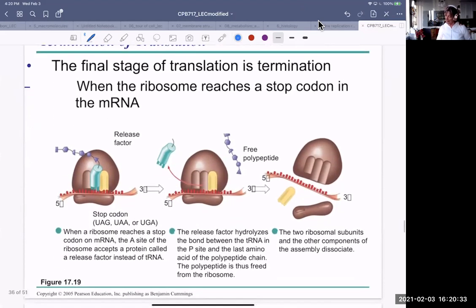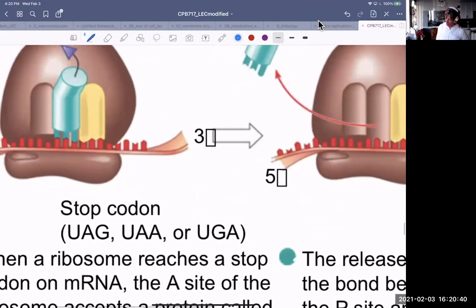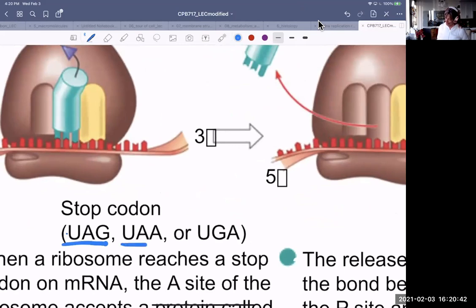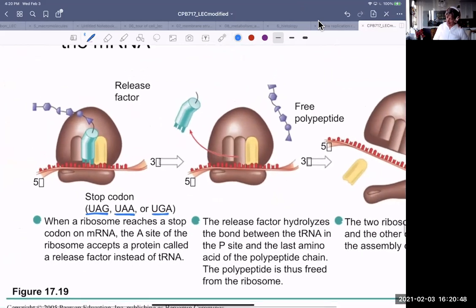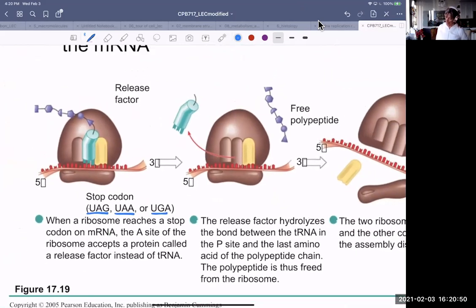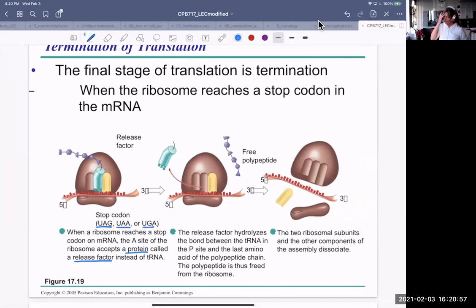How does it terminate? When it reaches a stop codon in the messenger RNA. So the stop codons are UAG, UAA, or UGA. When the ribosome reaches that, then the A site of that ribosome accepts a protein called a release factor instead of tRNA, which is interesting.